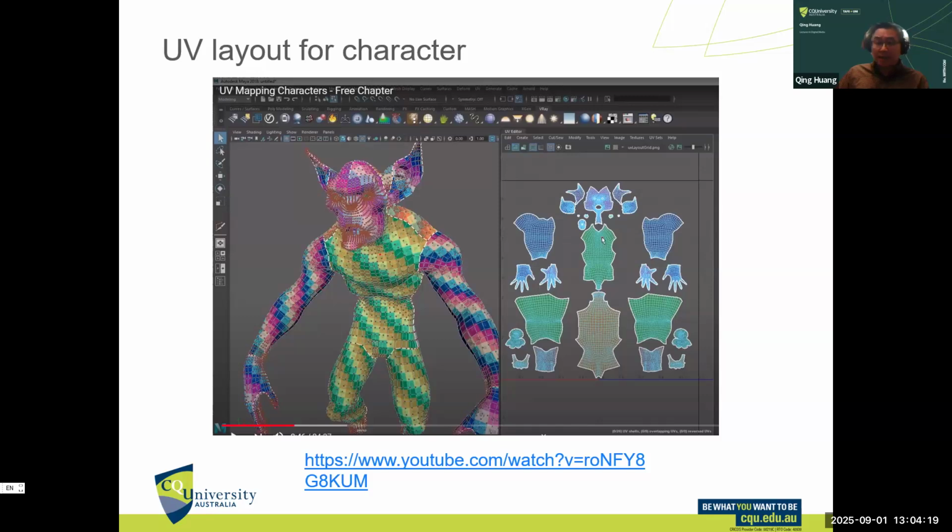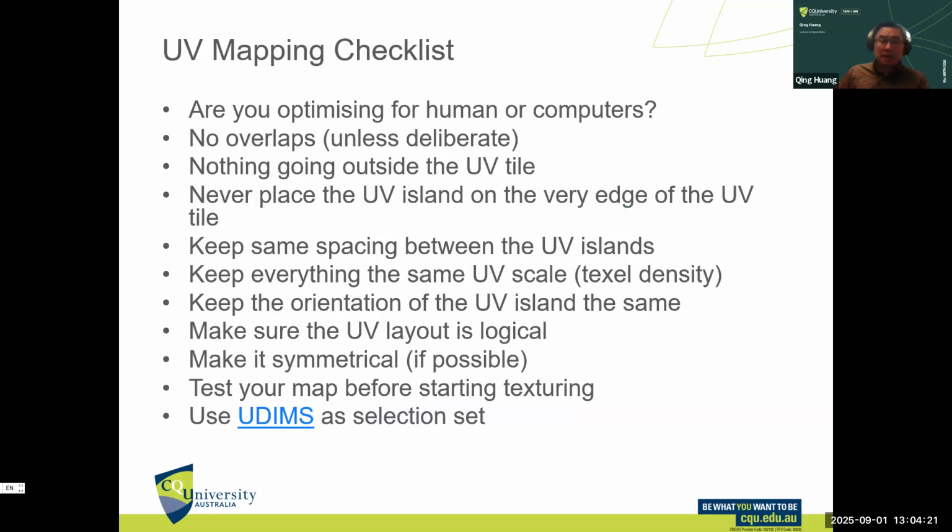And I summarized that a little bit for you, because according to him, you have to form a habit of a checklist before you delve into this aspect. And you firstly need to organize your UV layout, optimizing it for whatever you want it to be, human-centric or computer-centric.